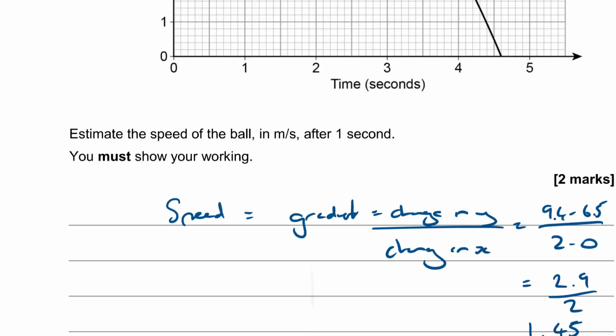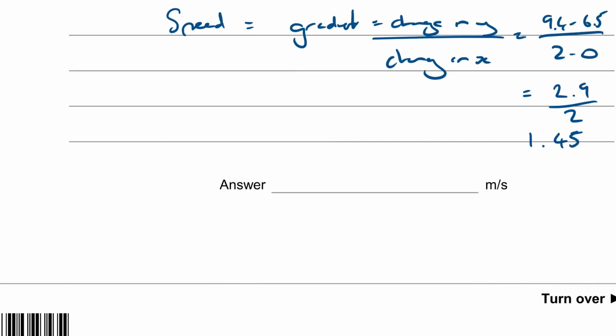Now, the height was in meters and the time was in seconds, so this must be 1.45 meters per second.